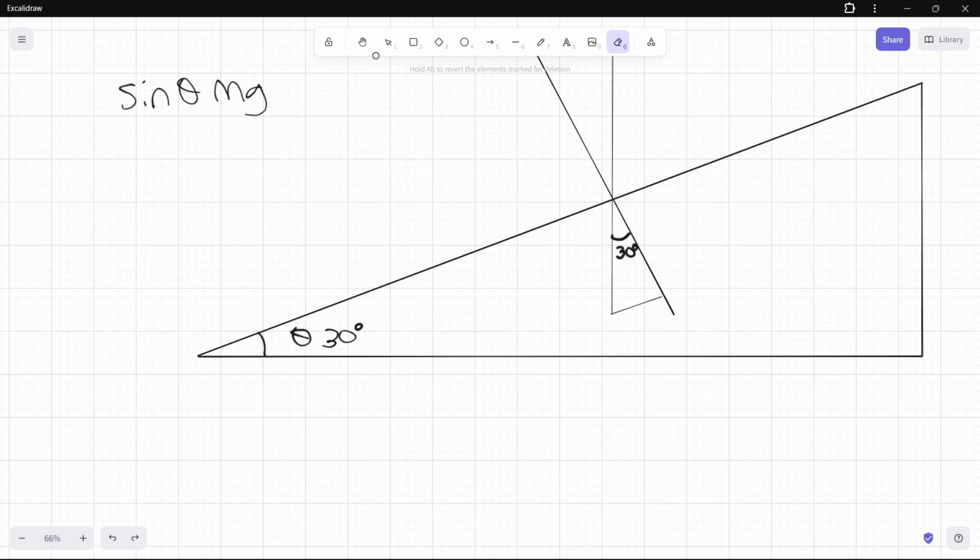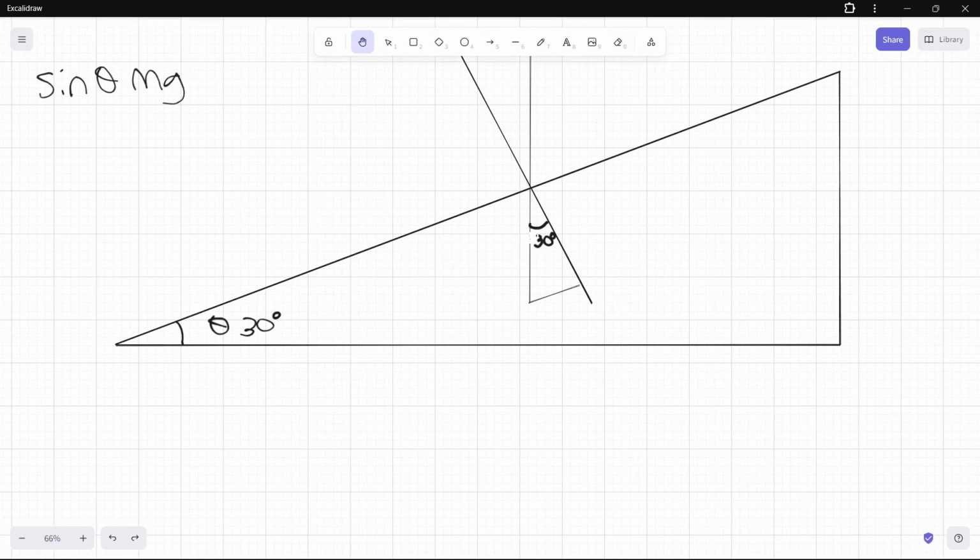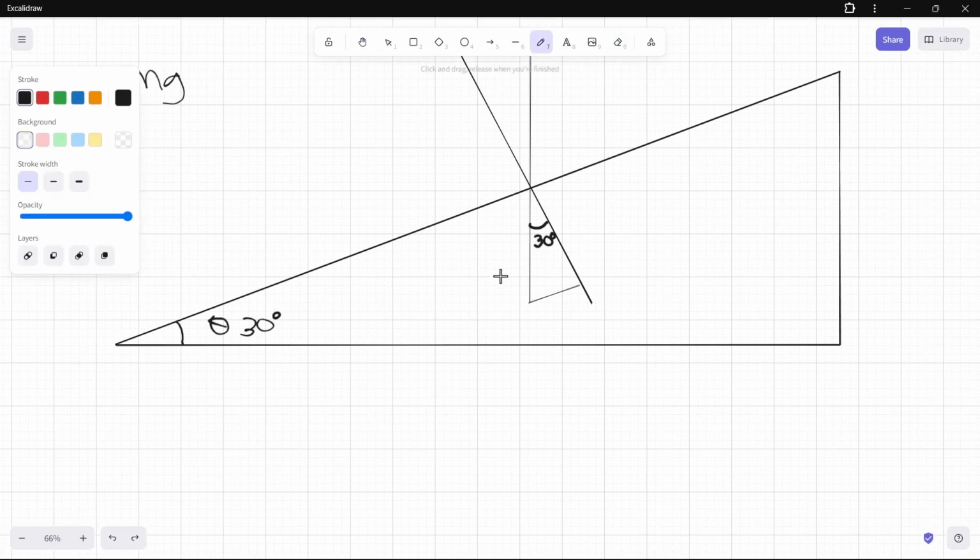when we do it like this, we see a triangle forms, and the right angle would be right here.